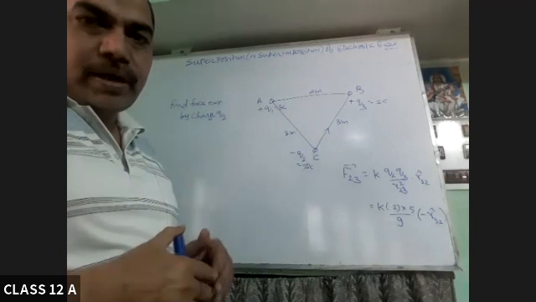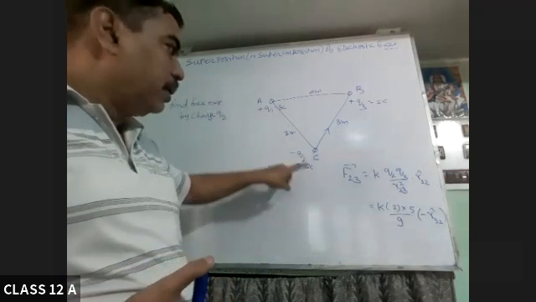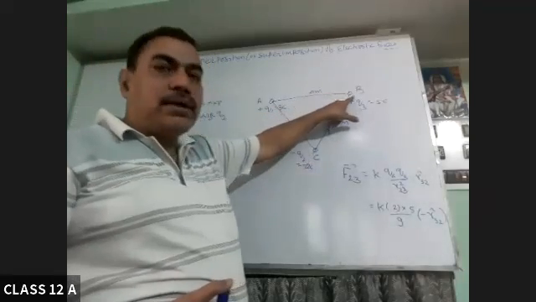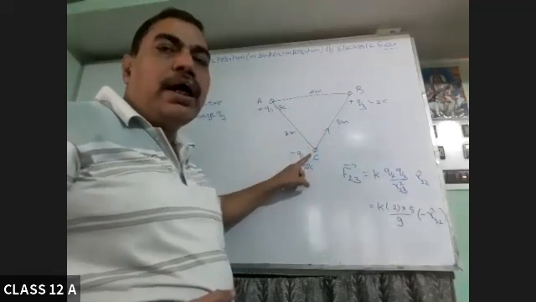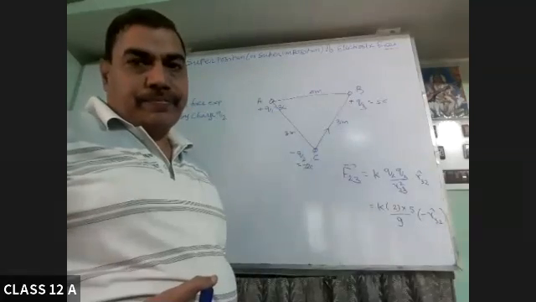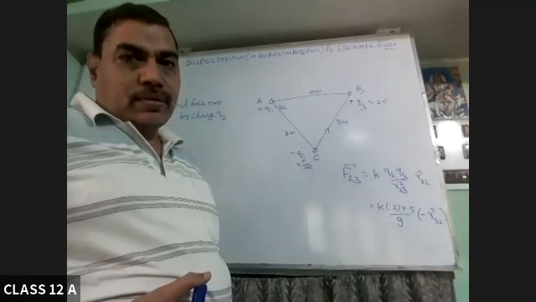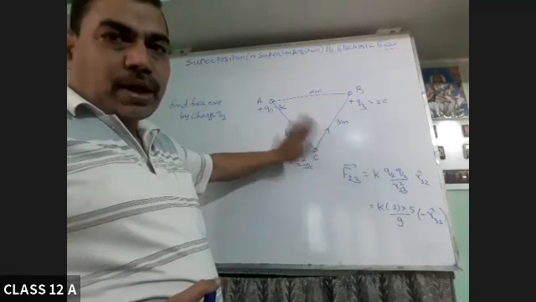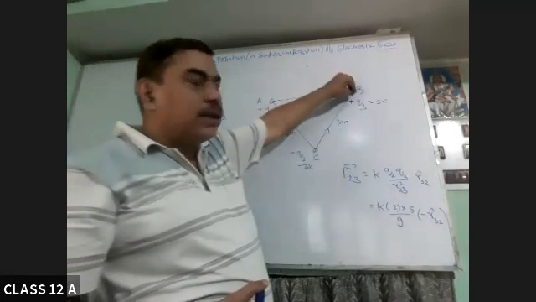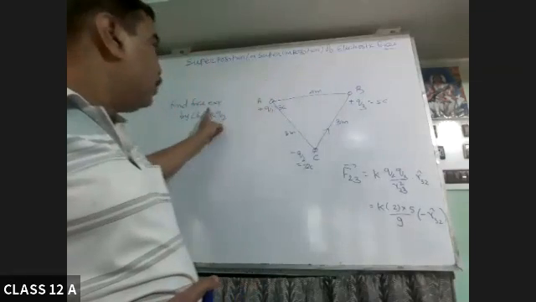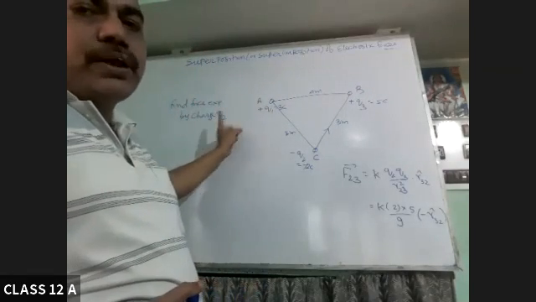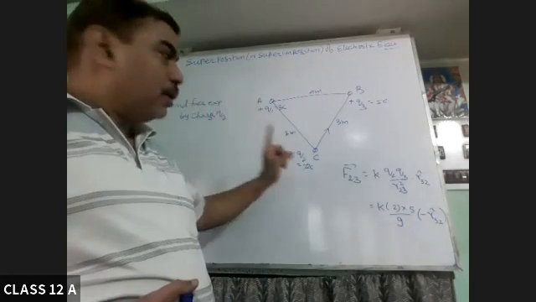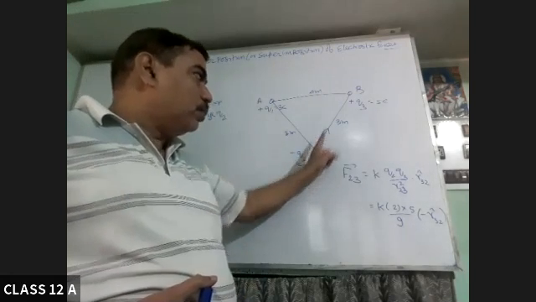By using the vector, this has a negative charge and this is a positive charge, so this will be attracted. We are interested only in this particular charge. We are not thinking about what force is experienced by this or this, because we are asked only the force experienced by Q2. So what is the force experienced by Q2 due to Q3?